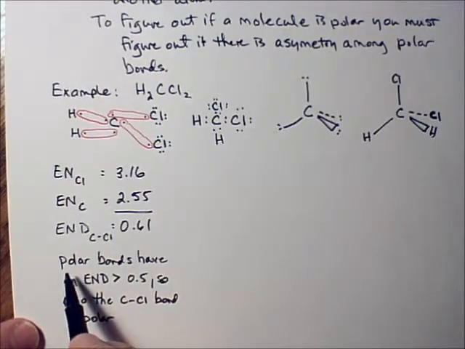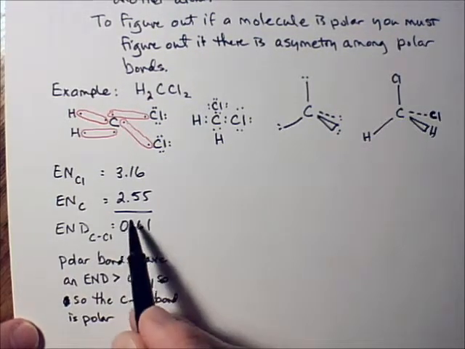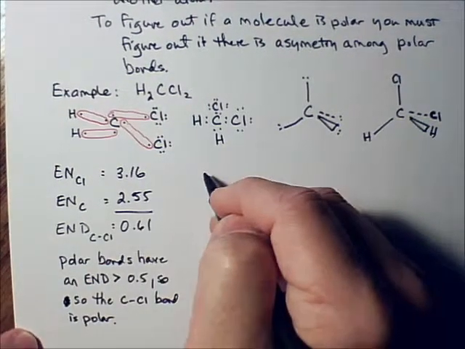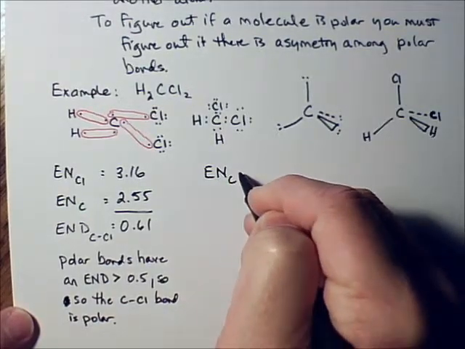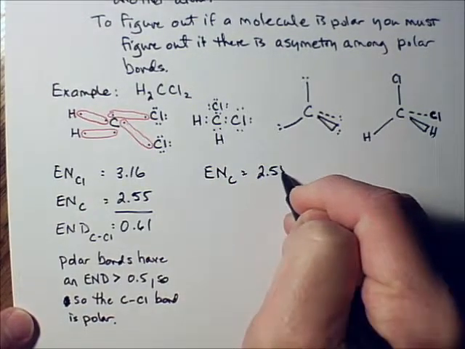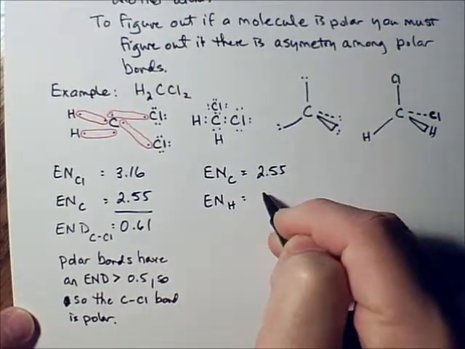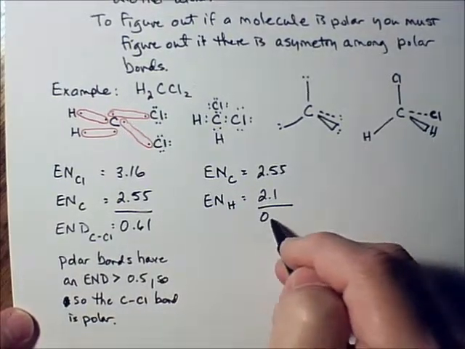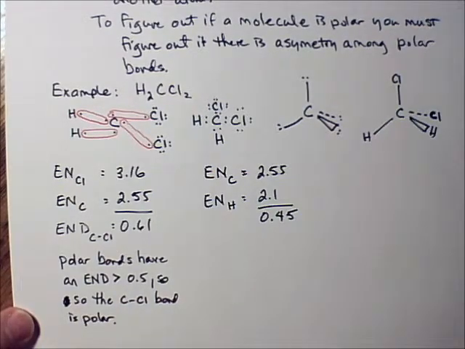It says polar bonds have an electronegativity difference that's greater than 0.5. I didn't say that this was 0.5, I said it's greater than 0.5. Alright? So now let's look at that other bond. Electronegativity for carbon, we said, was 2.55. And the electronegativity for hydrogen is 2.1. So we subtract that, and we get 0.45.